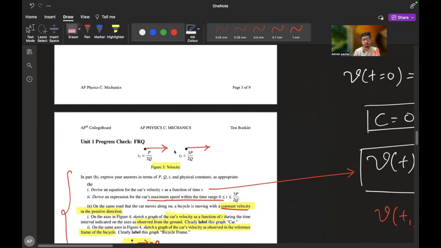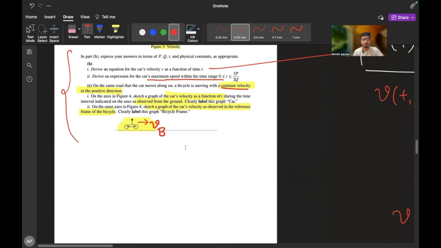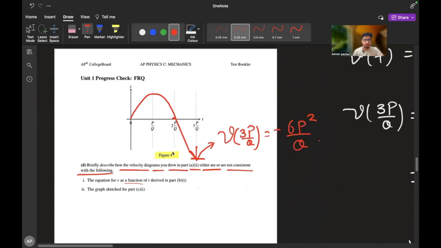They mean to say that the diagram or the velocity direction that we showed, does it resemble the diagram that you made or not? So okay, is it consistent or not?